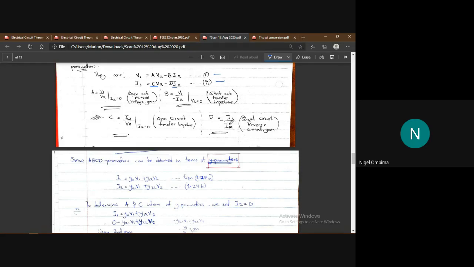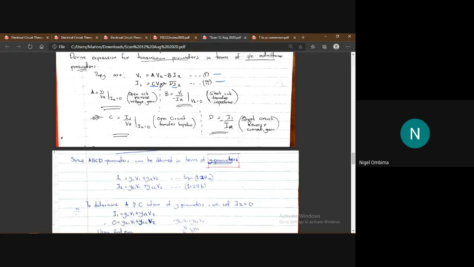Now, alafu D, it's I1 over I2, with a negative sign over here. Oh, yeah, it's common here. So D itakuwa I1 over negative I2, whereby V2 now will be equal to 0.